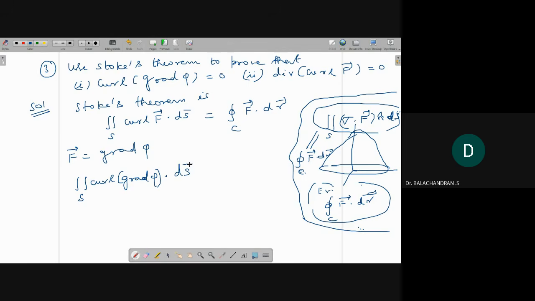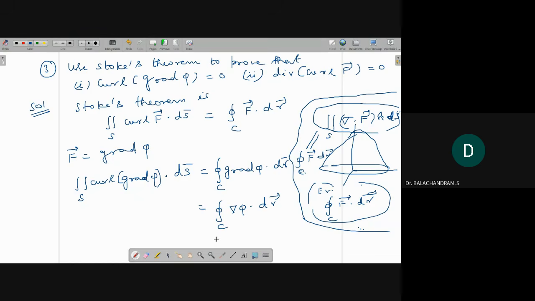Dot ds, which is equal to the integral over C of F dot dr vector. F is grad phi, so this is the integral over C of del phi dot dr vector.